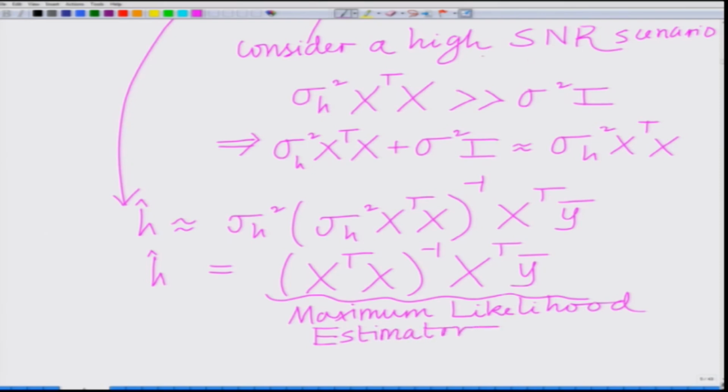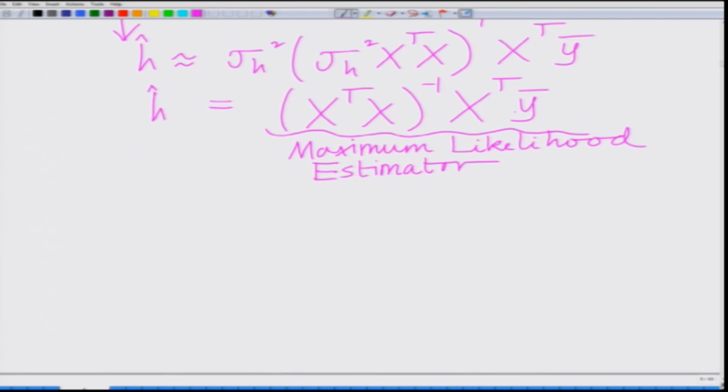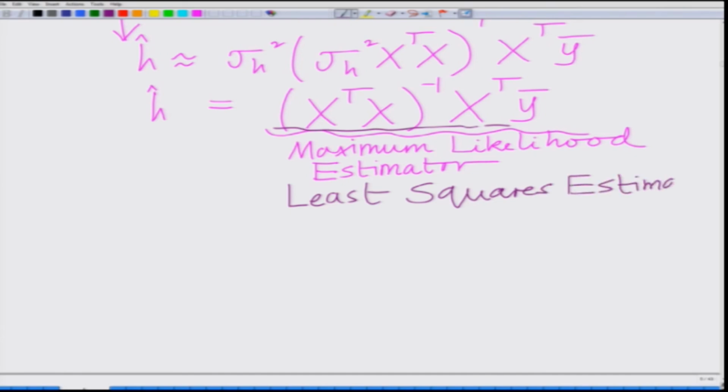This is also known as the least squares estimator, or the LS, least squares, which is shortened as LS.